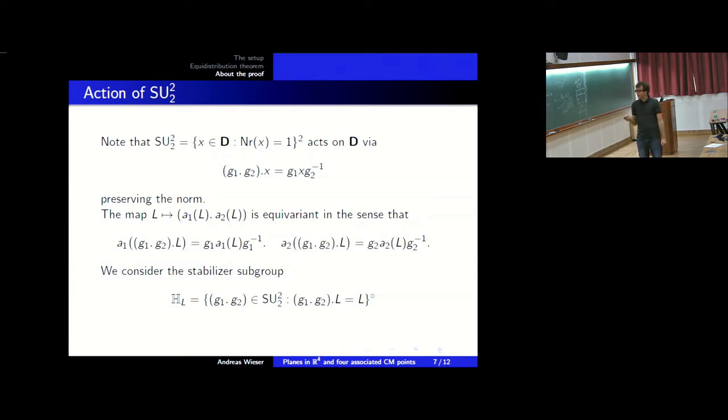Now, the dynamics that we look at is actually the dynamics of the stabilizer. So it's the set of elements preserving L, and we take the Zariski connected component, for reasons you can ignore.